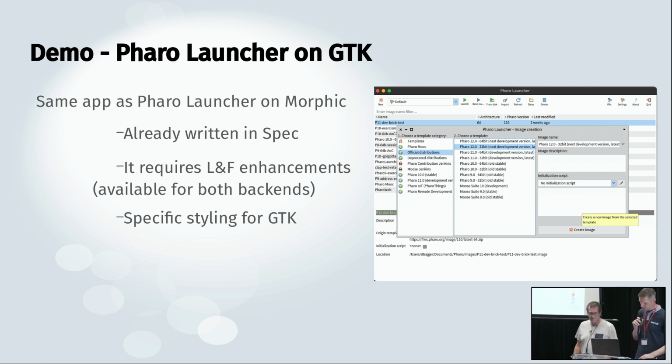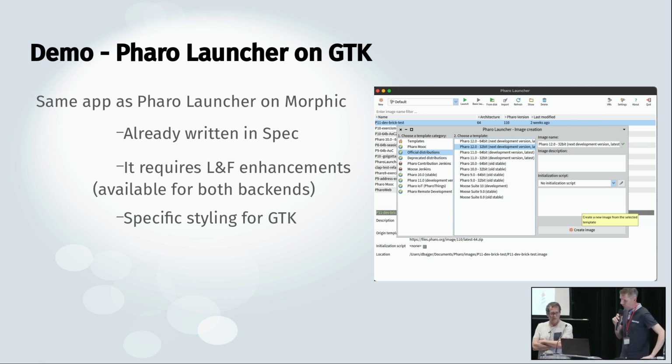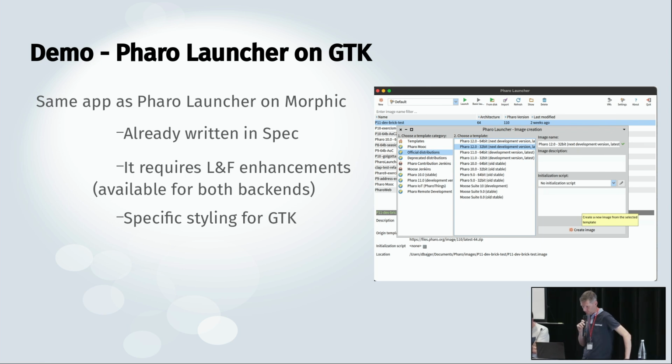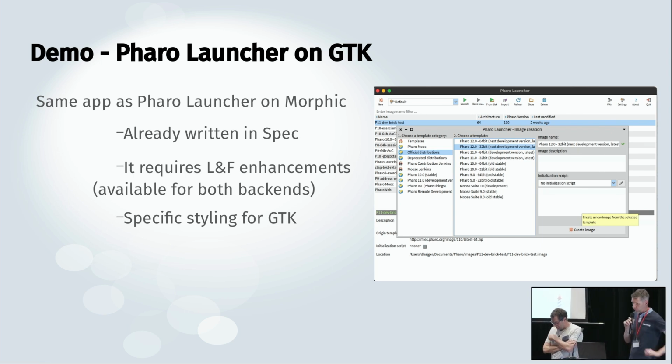So we had to choose an application to show how GTK looks very well. So we chose one big application we already have written in Spec, FLauncher. It was already written in Spec 2, rendered on Morphic.